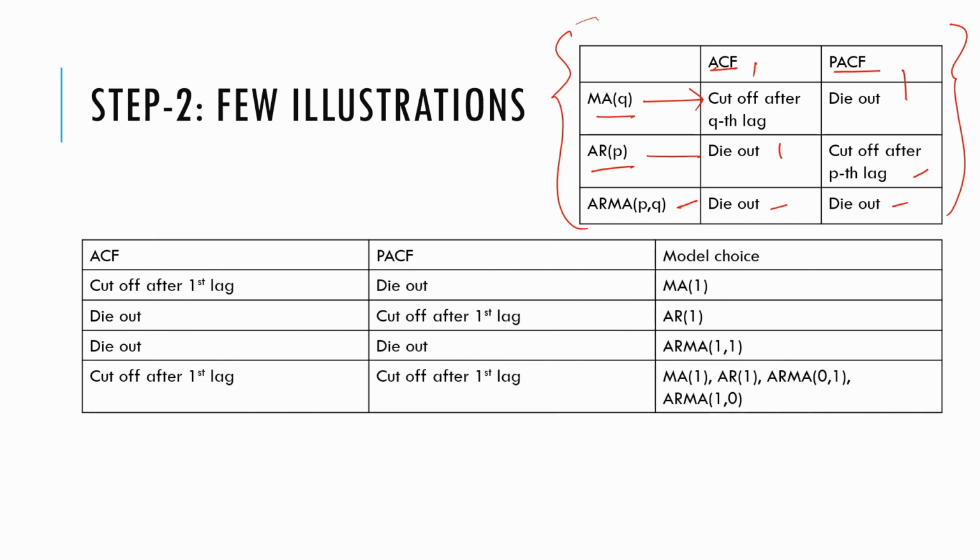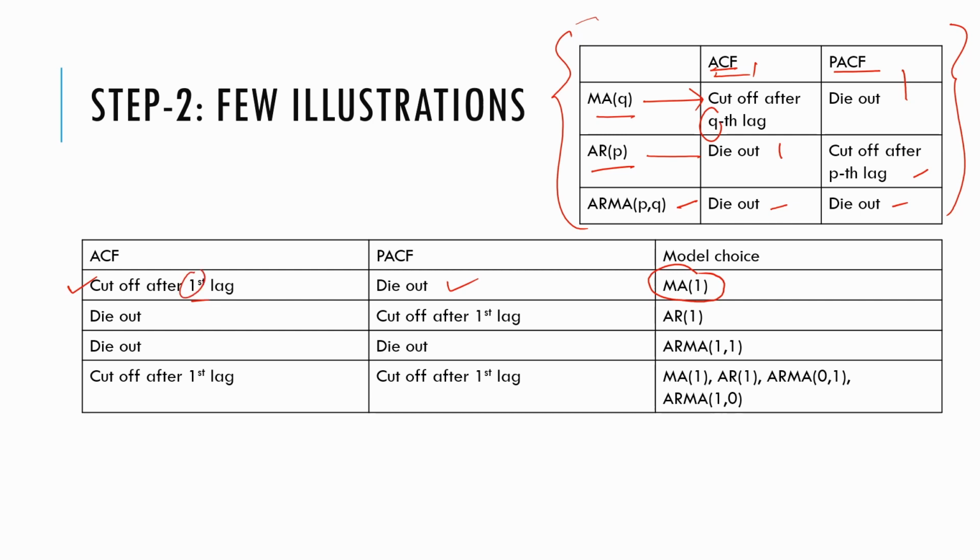Suppose you take out the report, and in case of ACF, you are seeing the cutoff after the first lag and the PACF is dying out. So what will be the conclusion? Conclusion is MA1. See, the cutoff is in ACF, in the first lag.